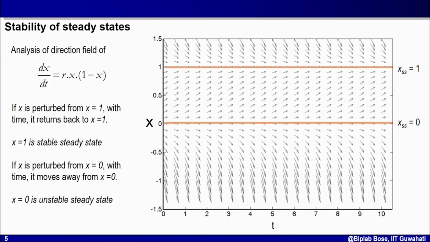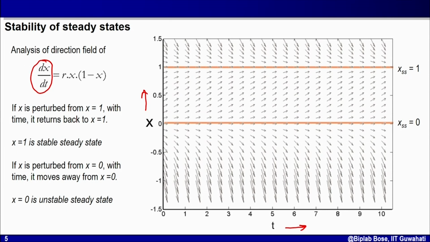To draw a direction field, on the horizontal axis I have plotted time t, on the vertical axis I have plotted x, and I have divided the whole x versus t plane into equidistant grid points, and at each grid point I have drawn an arrow representing the derivative dx/dt.